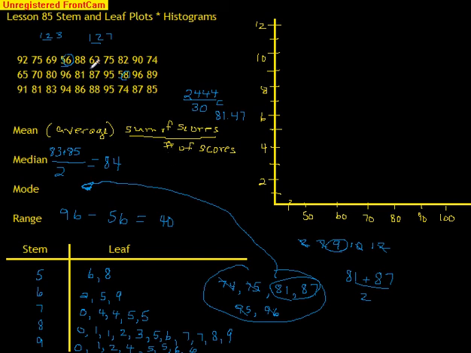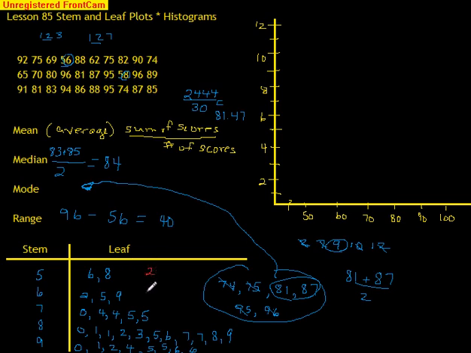Quickly, let's do histograms. Histograms are just another way to plot data. And we can look over here at our stem and leaf plot turned into a histogram. This is frequency of numbers. There are two numbers in the 50s.